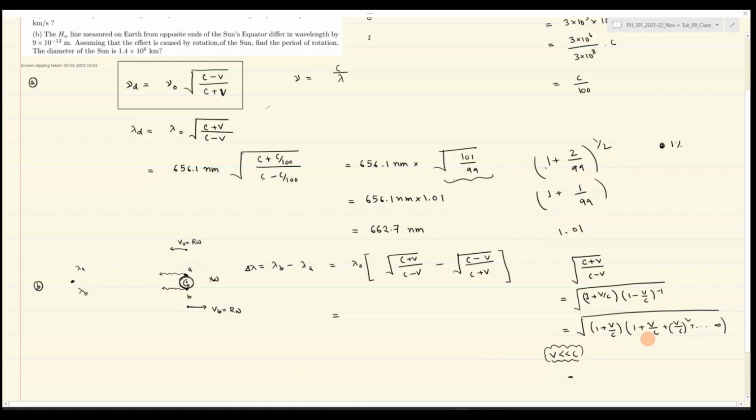So in this case, we can ignore these higher terms. With the square root, it will become 1 plus V by C approximately. So we got that this is 1 plus V by C and this is 1 minus V by C. You simplify it, 1 will get cancelled, and we get 2 lambda 0 V by C.